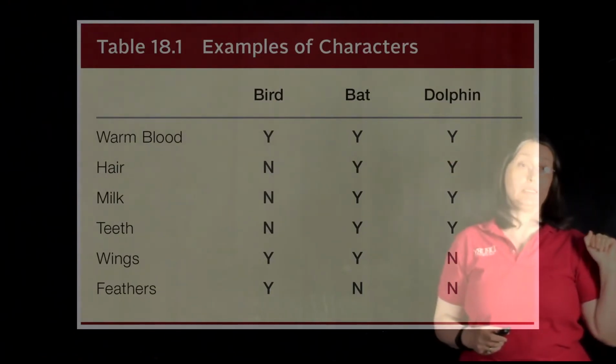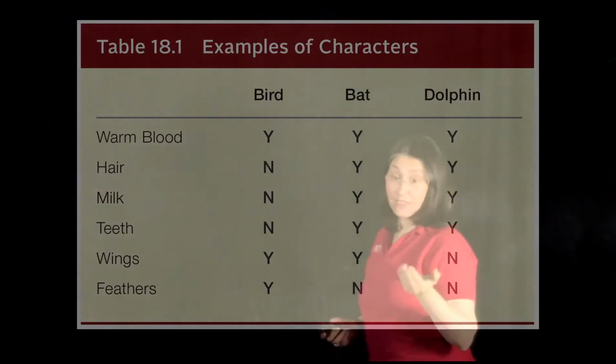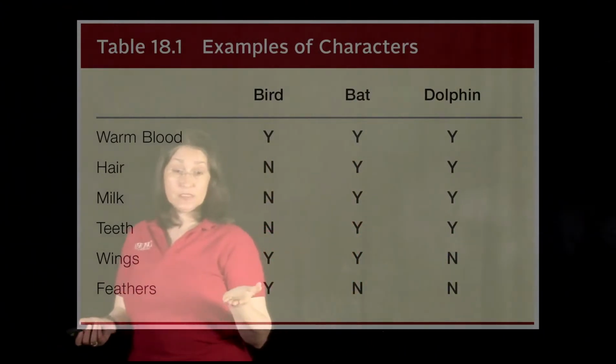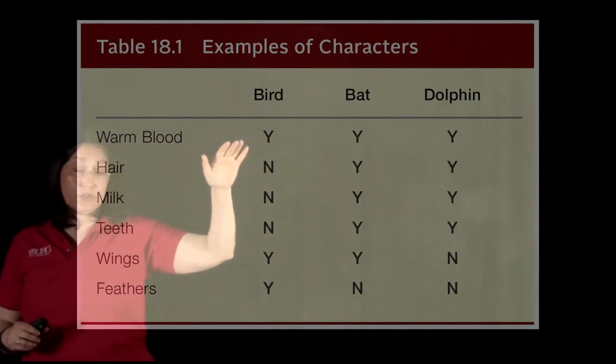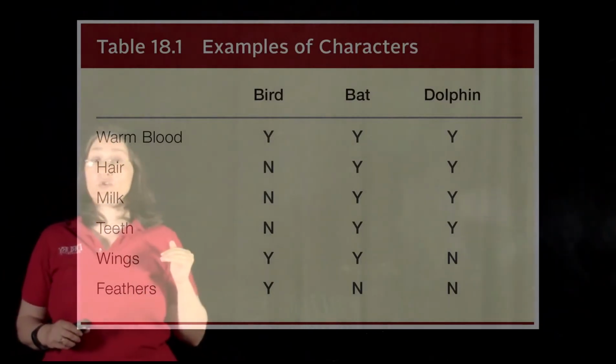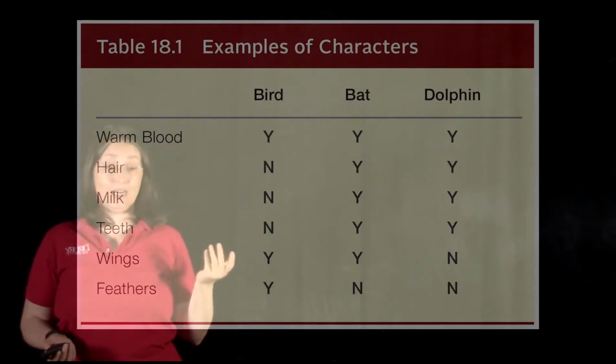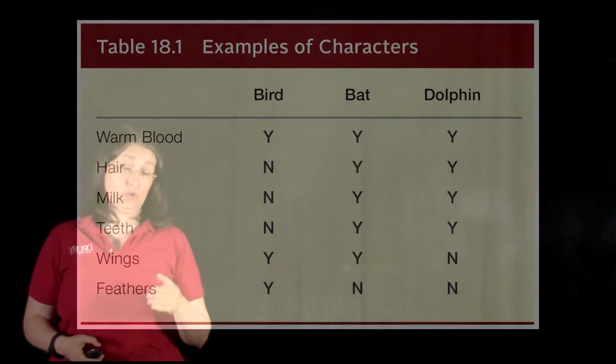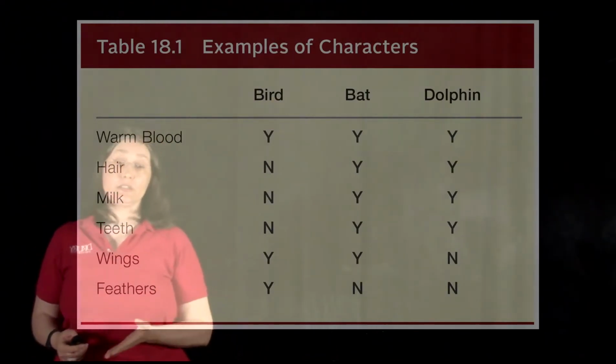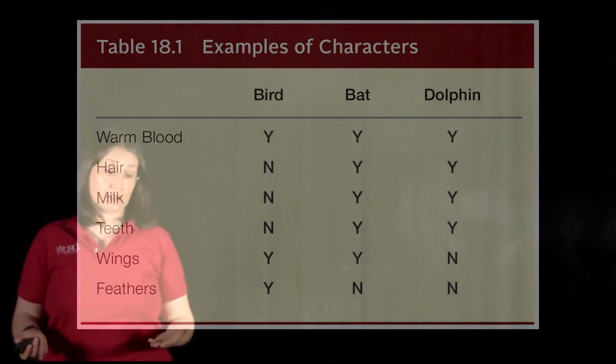They're all warm-blooded, but they have different temperatures. The body temperature of a bird is similar to what we call a high fever for humans. It's about 104 degrees Fahrenheit or 40 degrees Celsius for most birds.